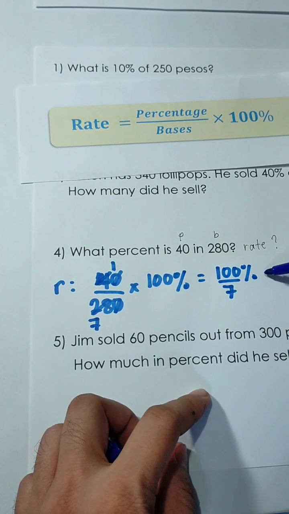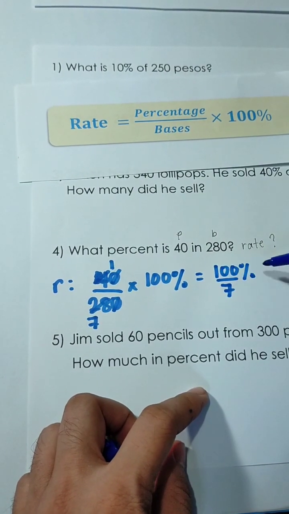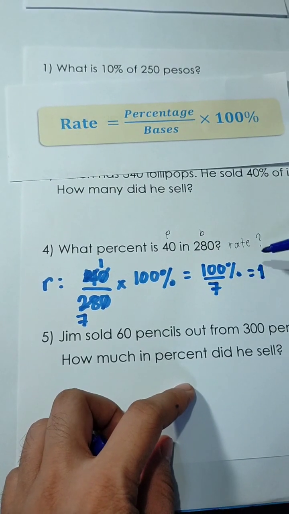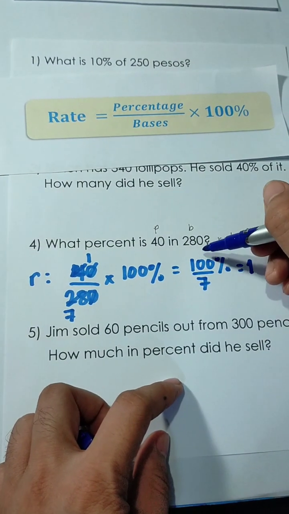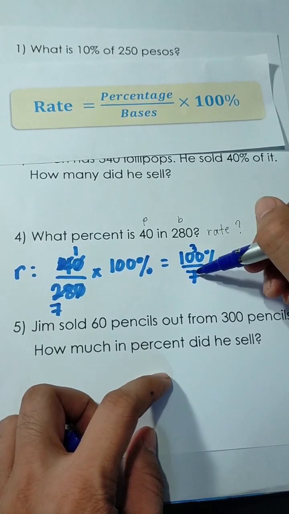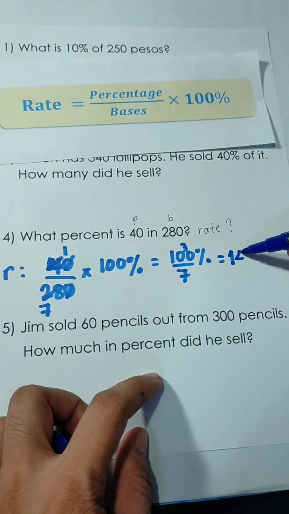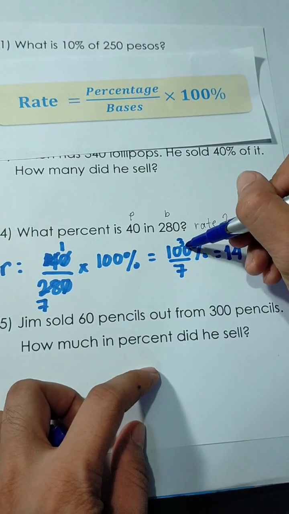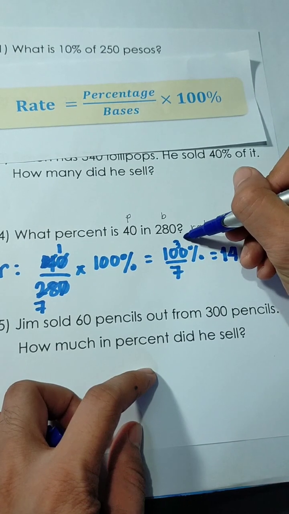100 divided by 7, let's start with 10 first. 10 divided by 7 is 1. And we still have a remainder of 3. That's 30. Divide by 7, 4. 4 times 7 is 28. So from 30, we have a remainder of 2.